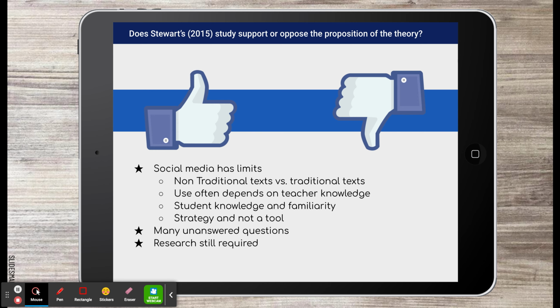And the biggest thing is that many teachers were utilizing social media as a strategy, and it was not being perceived as the actual tool that it is. So this study still has many unanswered questions. There's research that's still required. So it's not so much supporting. It's got a little support, a little opposition. So it's kind of in between to me.